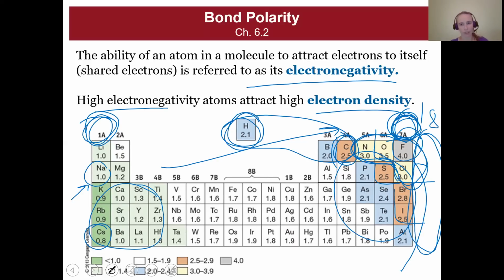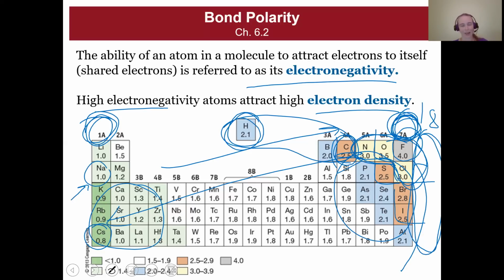So that's the difference. Really big electronegativity differences would be metal to nonmetal, and smaller electronegativity differences would be nonmetals versus other nonmetals. So basically what we expected: a metal and a nonmetal form an ionic bond, which is what we learned way back in chapter 5.